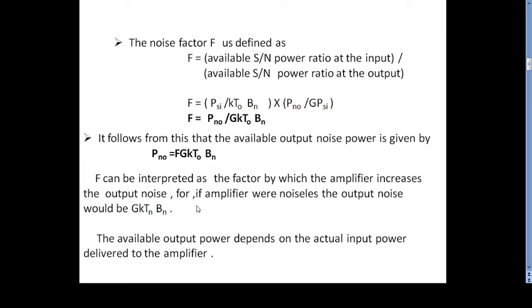If the amplifier were noiseless, the output noise would be equal to the gain of the amplifier times Boltzmann's constant times absolute temperature times bandwidth. Hence the available output power depends upon the actual input power delivered to the amplifier. So this means the noise factor is a function of input power. Noise factor is very important while designing an amplifier.